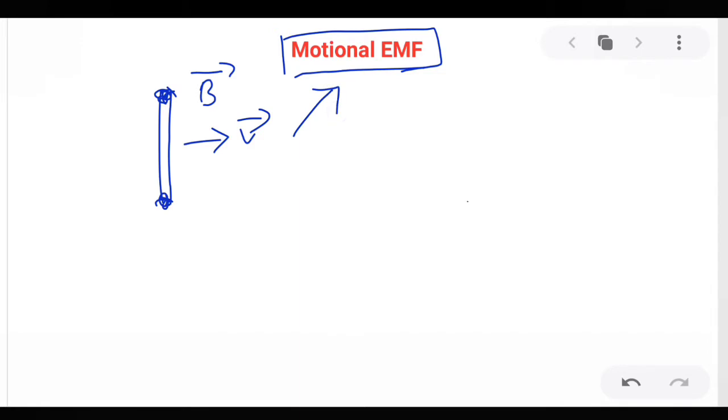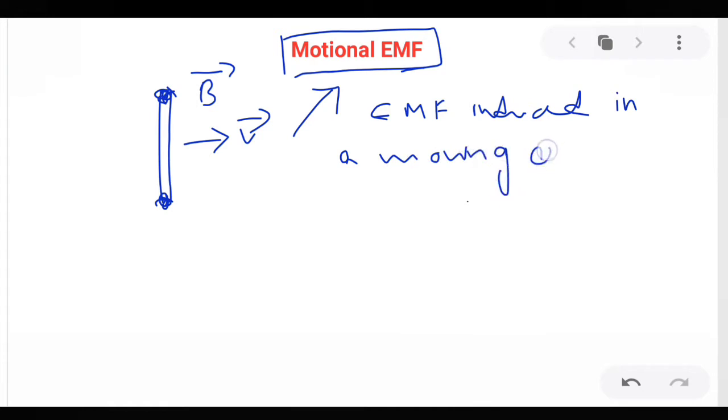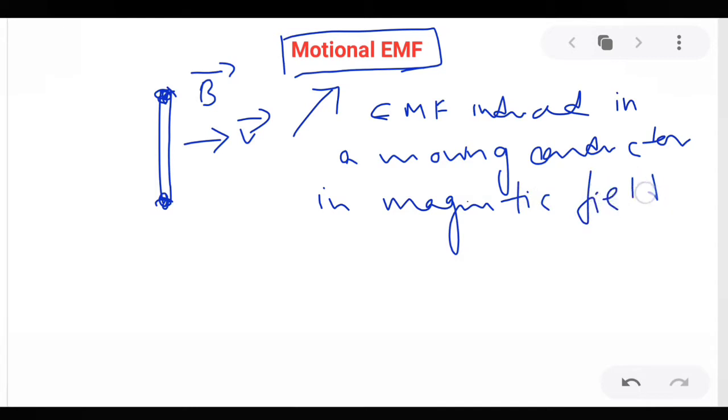So basically it is an EMF induced in a moving conductor in a magnetic field, so it is called motional EMF.